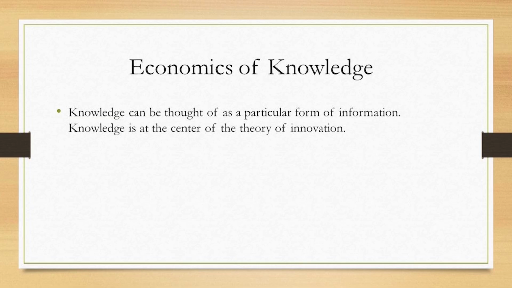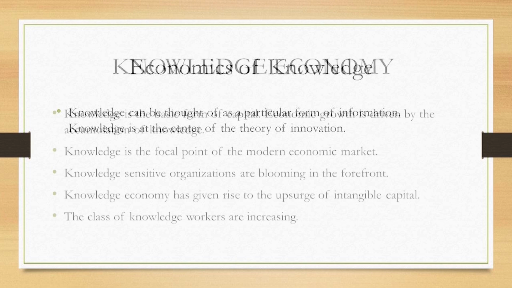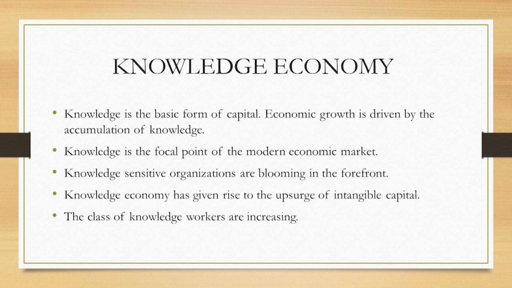Knowledge is at the center of the theory of innovation. So we end it this way: knowledge is the basic form of capital. Economic growth is driven by the accumulation of knowledge. Knowledge is the focal point of the modern economic market. Knowledge sensitive organizations are blooming in the forefront. The knowledge economy has given rise to the upsurge of intangible capital, and the class of knowledge workers is increasing.